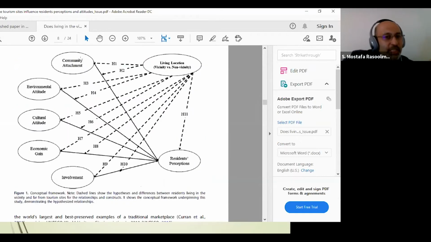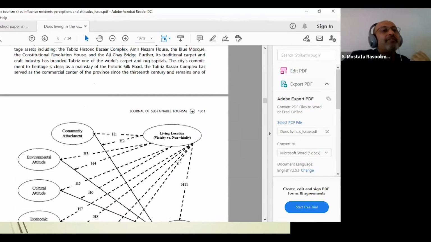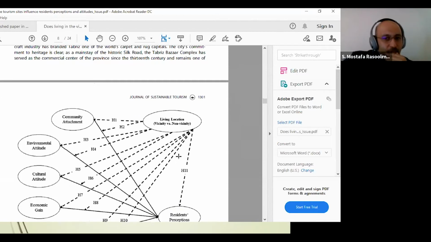H2 is for the effect of community attachment on perception. And we believe and discuss that the effect of community attachment on perception is stronger for the people living in the vicinity of or within the heritage site, right?